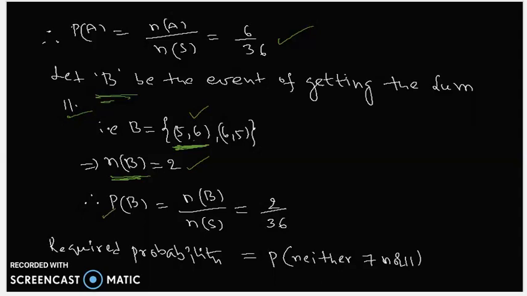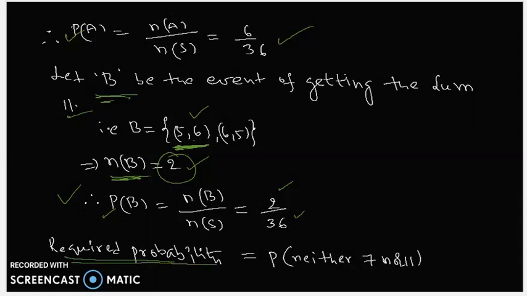Now we are going to write the probability of this event B, which is n of B by n of S. N of B value is 2 here, so 2 by 36. Okay. These are all the elementary parts to find the required probability in this problem. So what is the required probability?